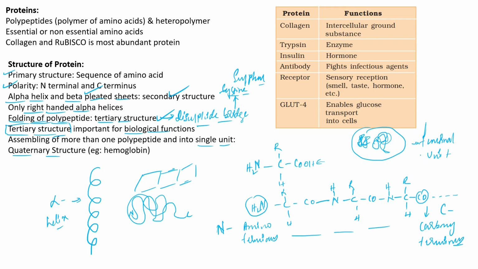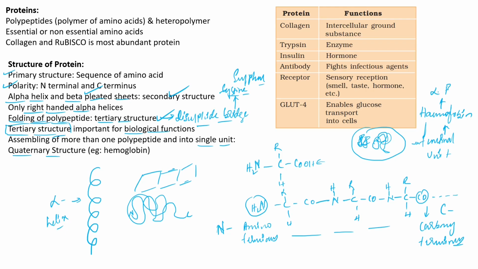An excellent example for the quaternary structure that we know is hemoglobin, which we are all very much aware of. Hemoglobins are mainly made up of two types of polypeptide chains, alpha and beta.